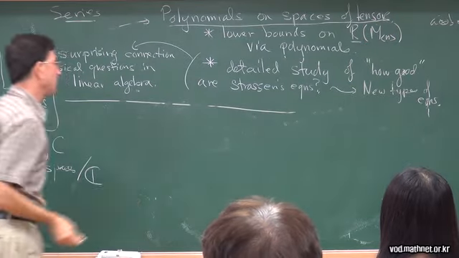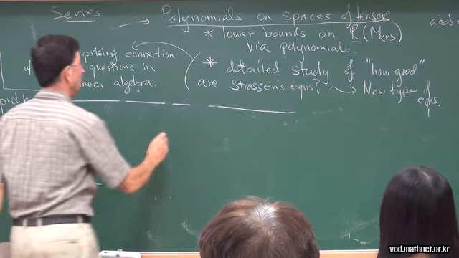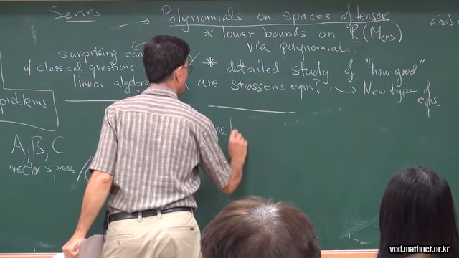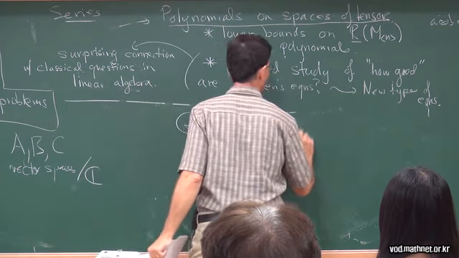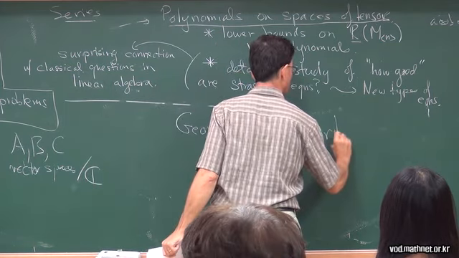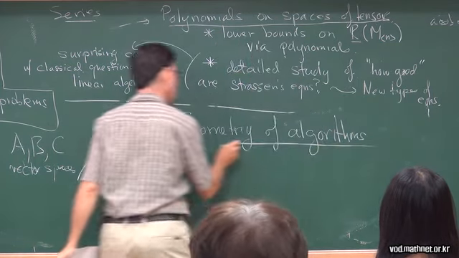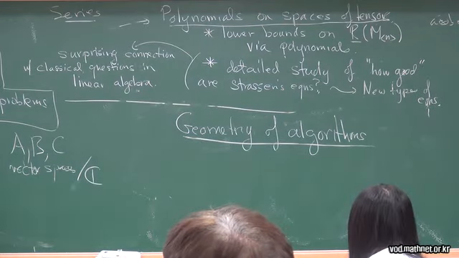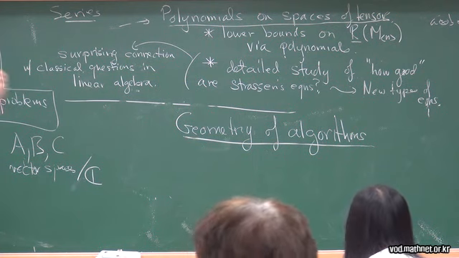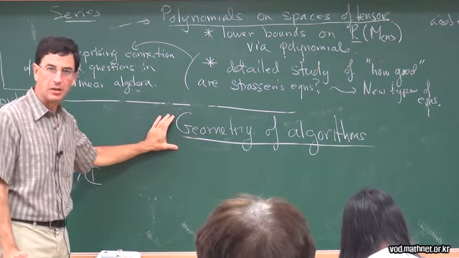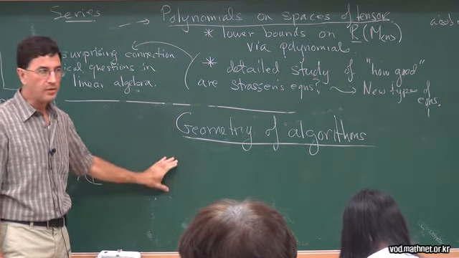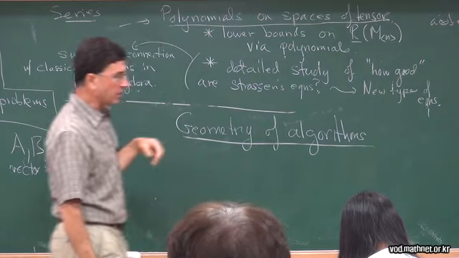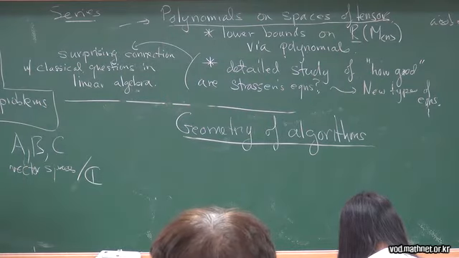And then the next main topic is something new. It's very new. I'll call it geometry of algorithms. This morning I gave you two extremely explicit expressions, one for 2x2 matrix multiplication that was found by Strassen, and one for 2x2 matrix multiplication with a hole in it that was found by Bini and his co-authors.